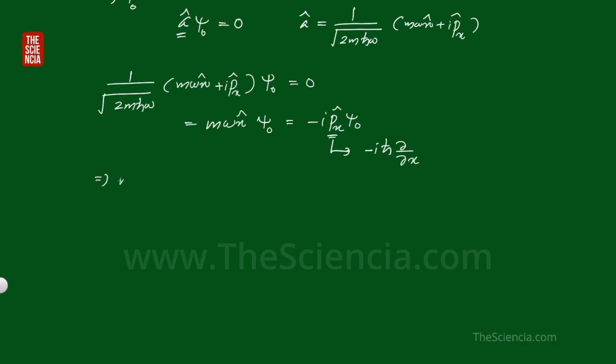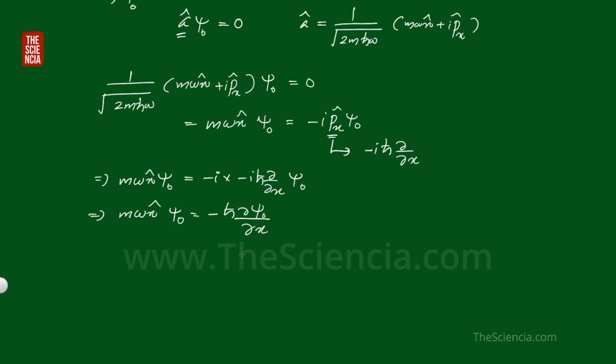That is m omega x cap psi 0 is equal to minus i into minus i h cross dou by dou x psi 0. Minus into minus is plus, and again there is i into i, therefore it is equal to minus h cross dou psi 0 by dou x.